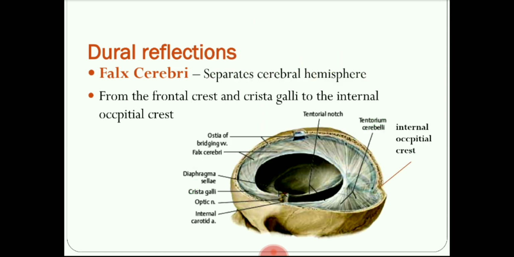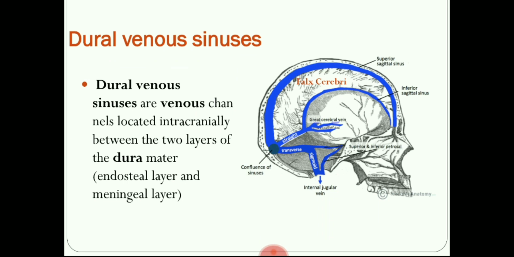Here it is enclosing one venous sinus, that is the superior sagittal sinus. Now along the inferior margin, it is enclosing the inferior sagittal sinus. Now posteriorly, where there is attachment with the tentorium cerebelli, here it is enclosing the straight sinus.